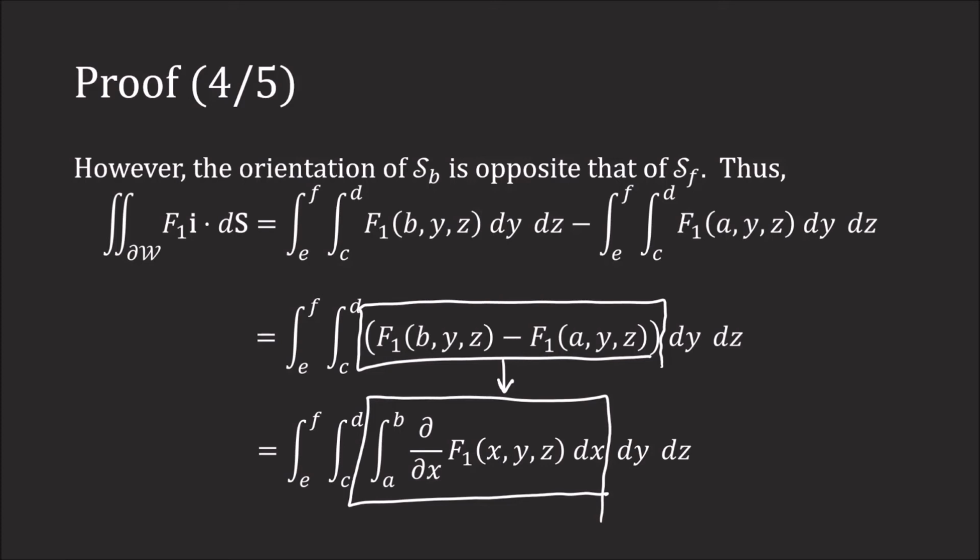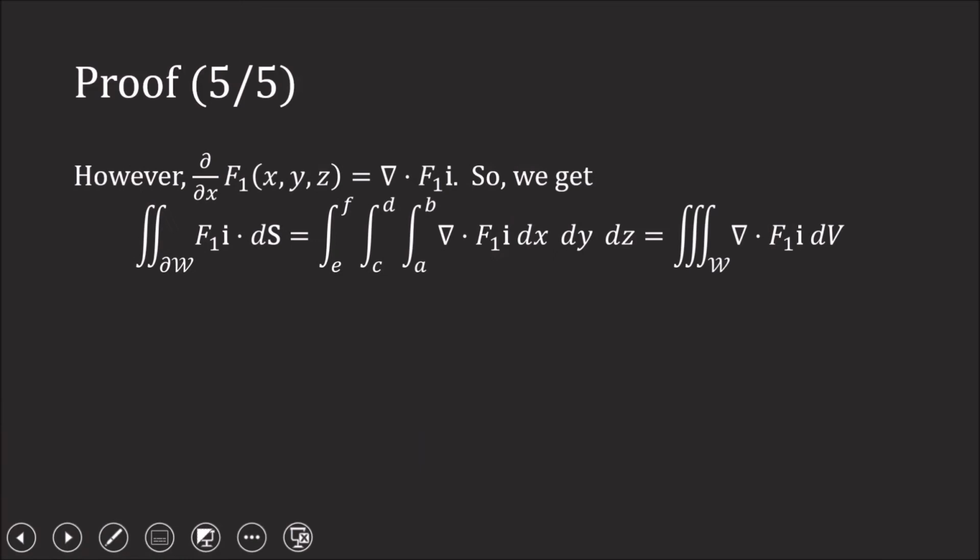However, this piece right here is the divergence. So we can now write this triple integral, which is, remember, the surface integral, as the triple integral of the divergence. That is the equality that we wanted to show, and so the proof is complete.